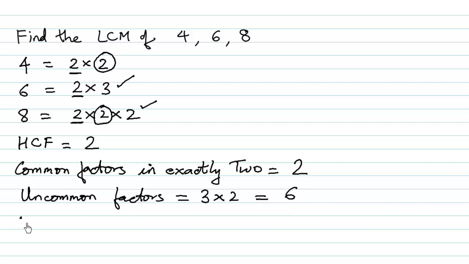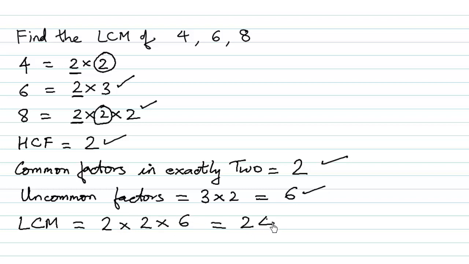So in order to find the LCM, we first find the HCF, then we find common factors in exactly 2, and then the uncommon factors, and then we multiply all the 3 numbers. So 2 multiplied by 2 multiplied by 6. So 2 2s is 4, 4 6s is 24. So the LCM of 4, 6 and 8 is 24.